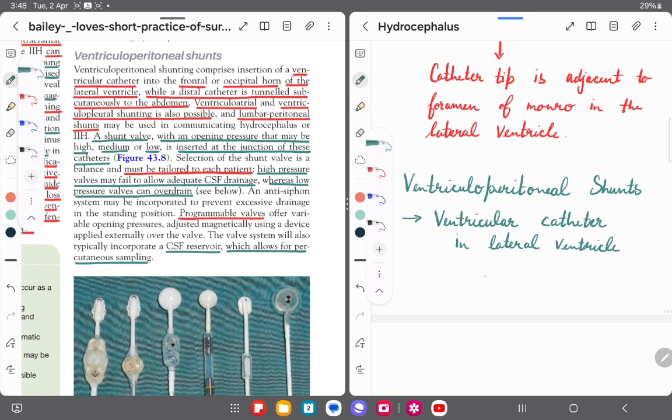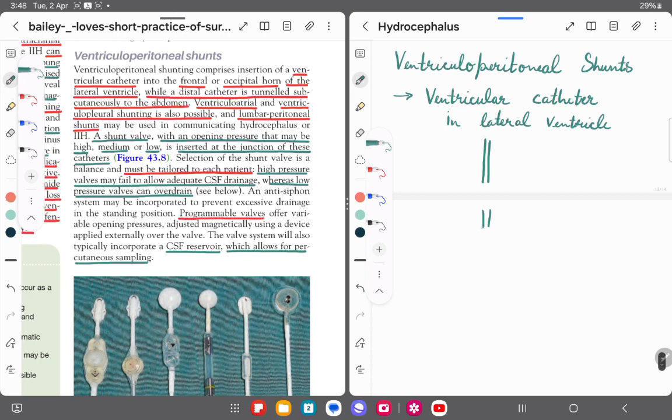And it is connected via a shunt valve with a CSF reservoir.